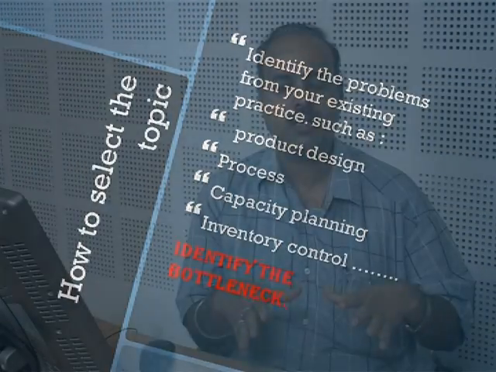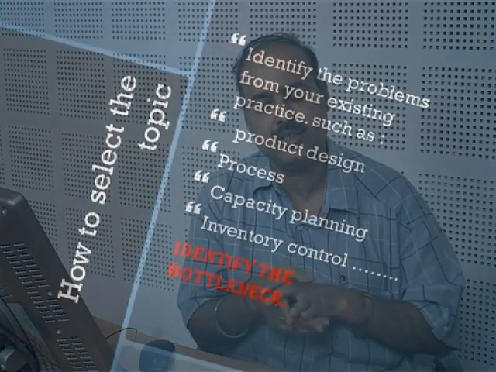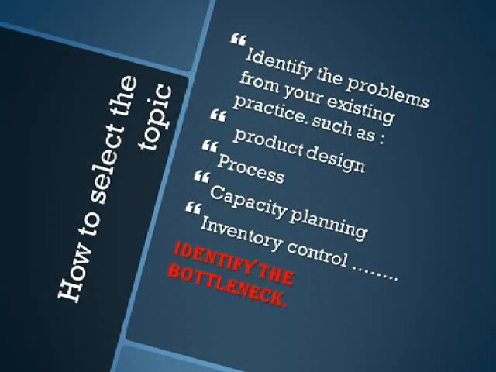So you identify the area, and from that identify the existing process, existing product and capacity, or inventory control problems, and identify the bottleneck from that particular area.